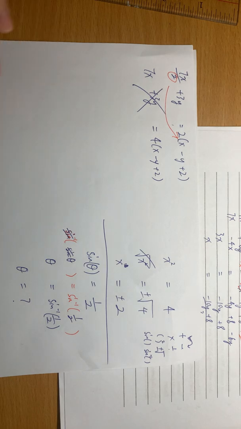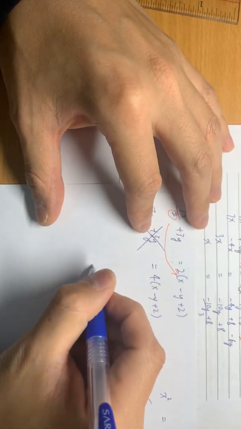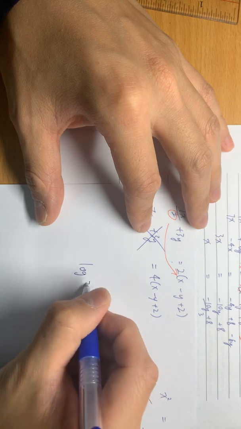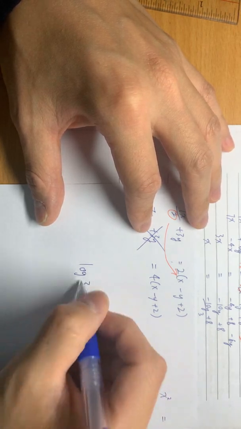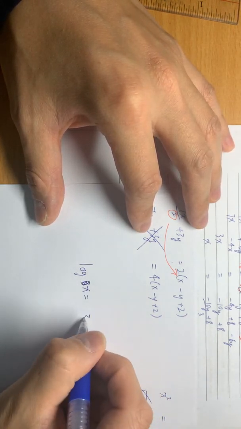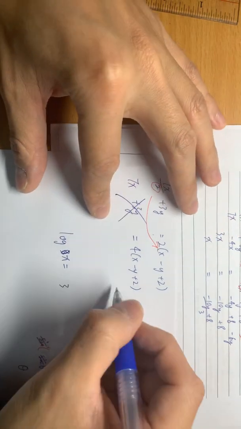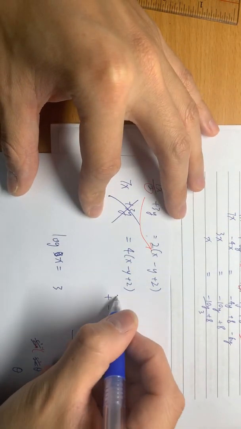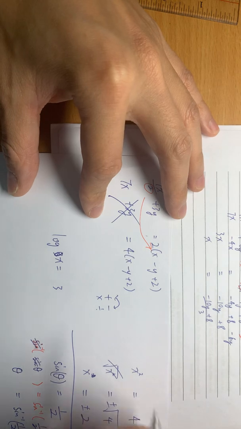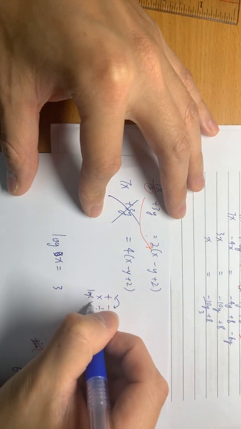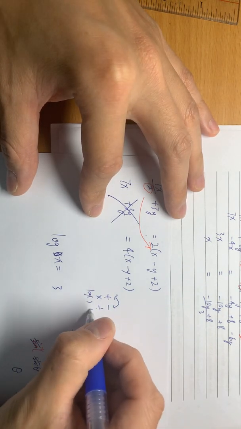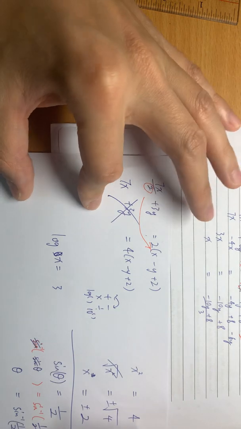So also logarithm. If you have something like log x is equal to 3, plus and minus are opposite, times and divide are opposite, log also has an opposite. The opposite of log is 10 to the power of something.